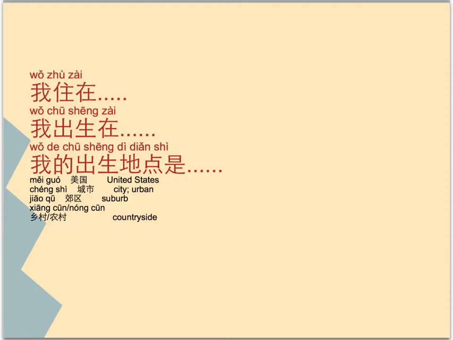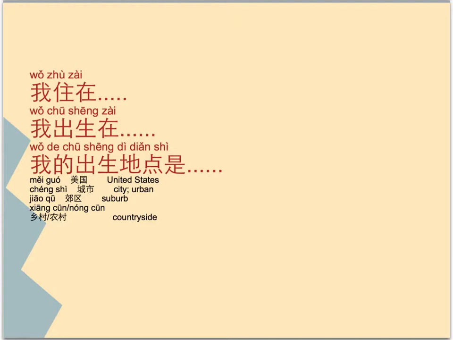And some people will say 我出生的地点. 地点 is place. So 我出生的地点是 means the place where I was born is. 我出生的地点是. The following is the same.